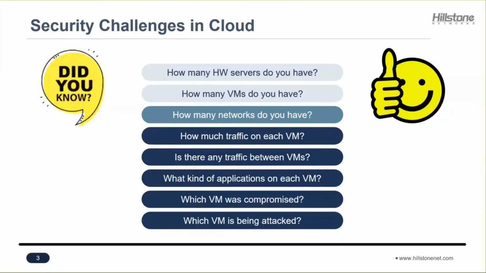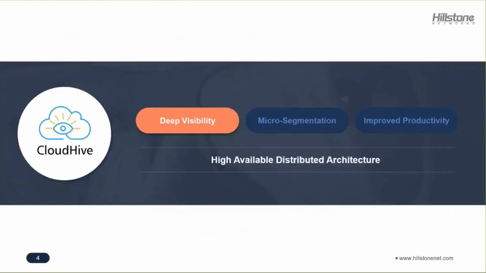So, in order to get the security under control for a virtualization environment, you need some tools to help you understand your environment better. CloudHive is such a tool. First of all, it offers deep visibility into VMs.